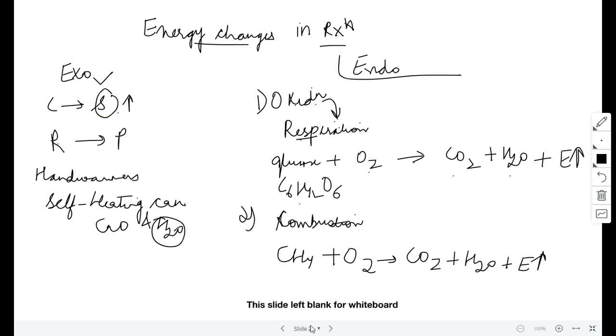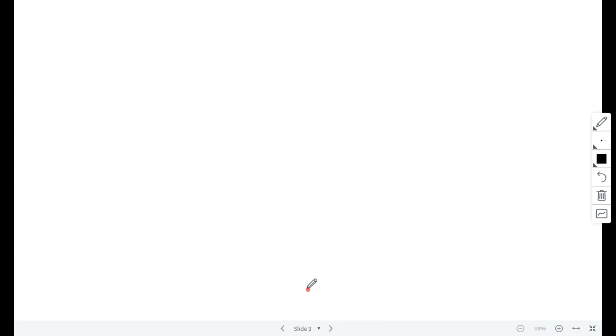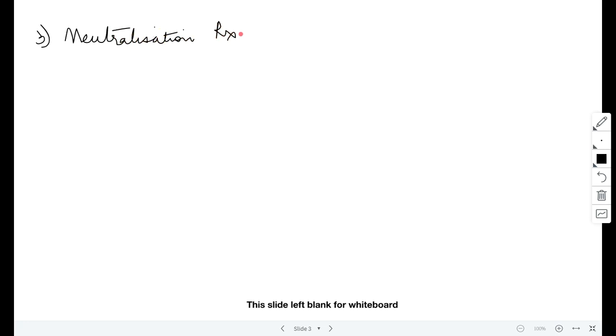Now we have one more reaction. The third reaction, you already know about that: the neutralization reaction. Now, what was the neutralization reaction? Last time also you gave me a nice answer for that. Neutralization reaction is when an acid reacts with an alkali to form a neutral substance, and it's exothermic.